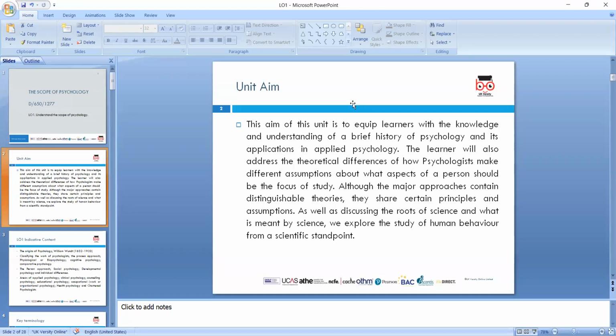Although the major approaches contain distinguishable theories, they share certain principles and assumptions, as well as discussing the roots of science and what is meant by science. We can explore the study of human behavior from a scientific standpoint.